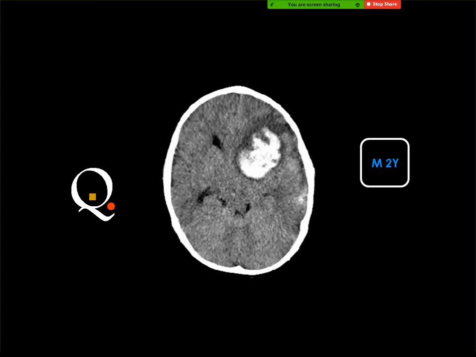Either this is an arteriovenous malformation or cavernoma. This can be solved by MRI. And also the issue of a brain tumor can be assessed by MRI. But in the presence of a history of trauma, you consider it post-traumatic hemorrhage.